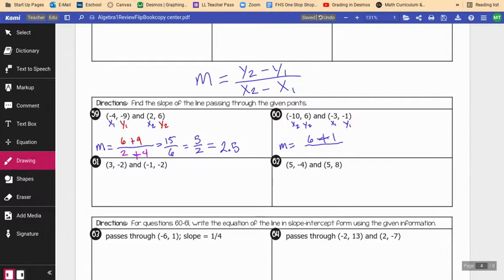And then we have x2 is -10 minus a -3, which is a +3. So now I have 6 plus 1 up top, 7. Negative 10 minus 3 is a negative 7. 7 divided by negative 7 gives me a negative 1 as a slope.